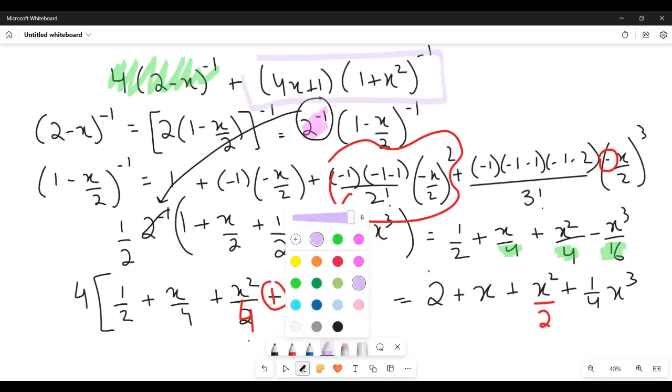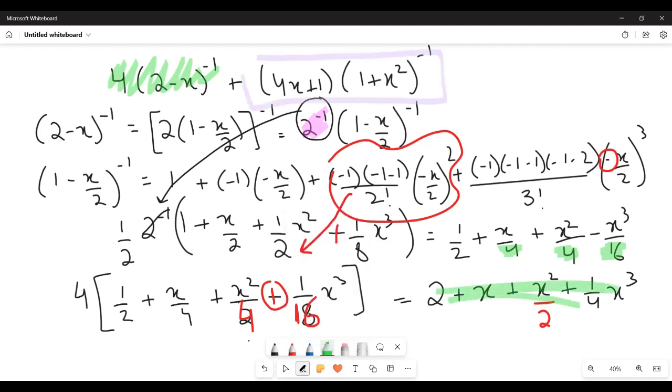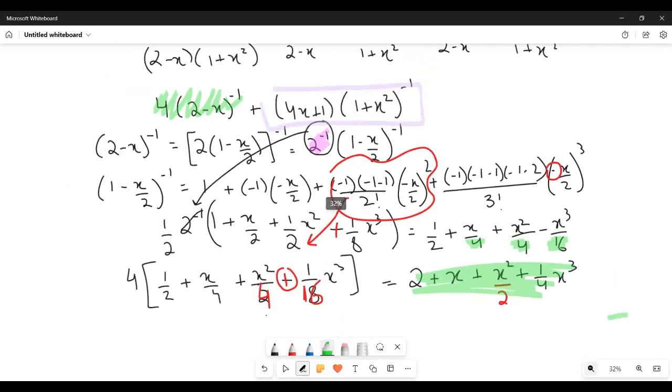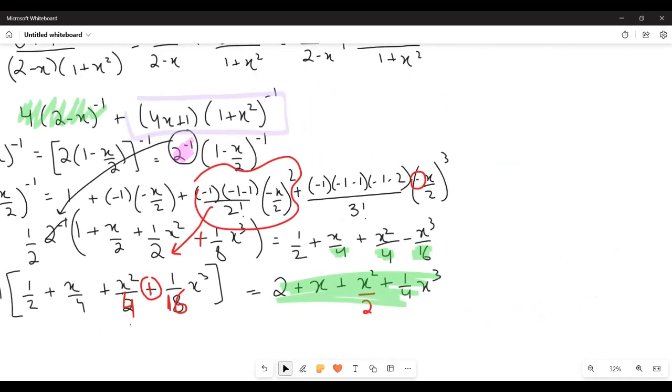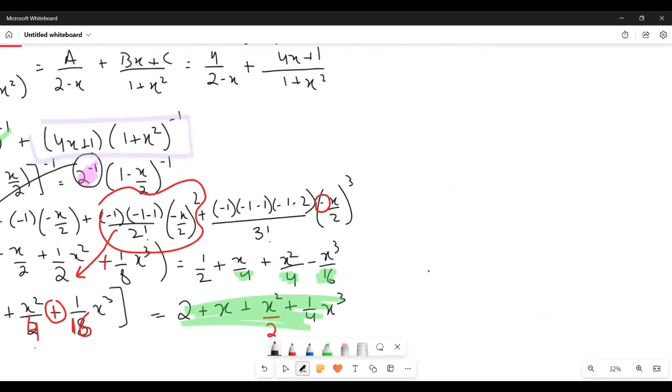So let's hold this for now. We got the first expansion. Let's get the other one. Before we multiply 4x plus 1 with that, let's expand 1 plus x square power minus.